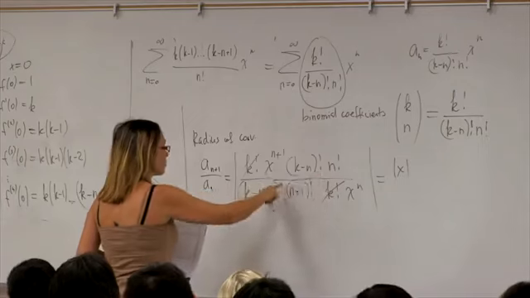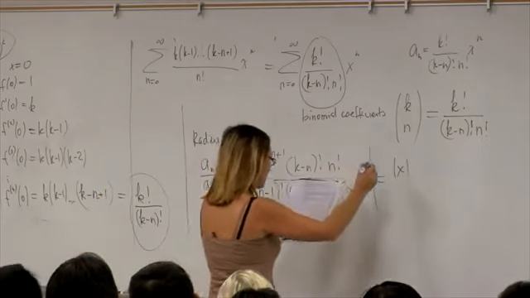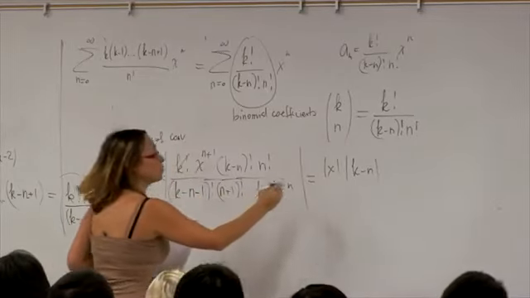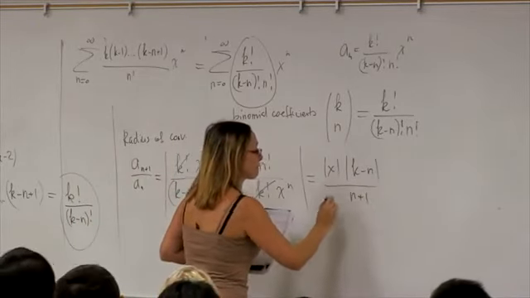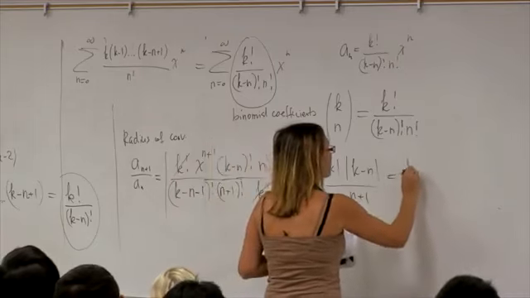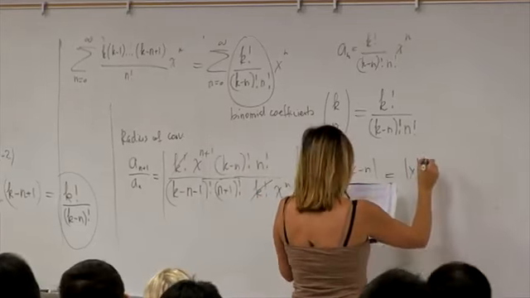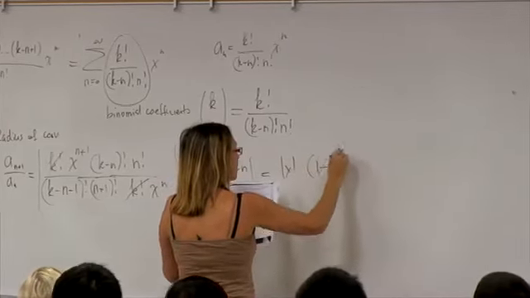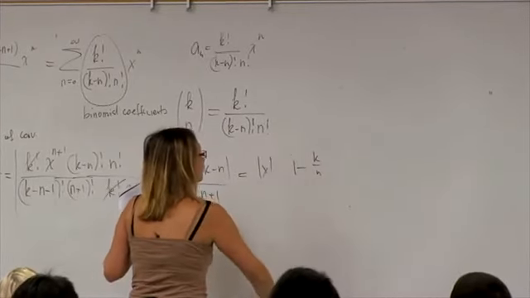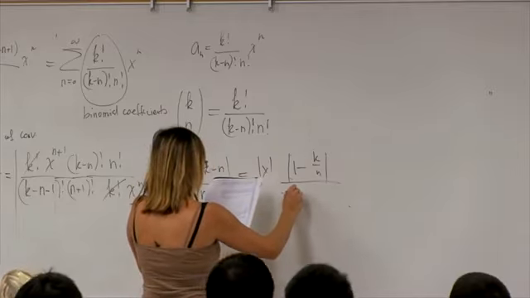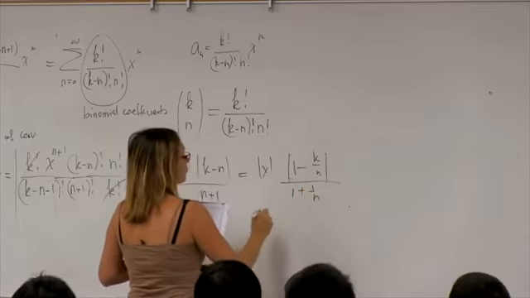K minus n factorial over k minus n minus 1 factorial gives k minus n, and I have n plus 1. Okay, so I can write it once more like this: 1 minus k over n divided by 1 plus 1 over n.